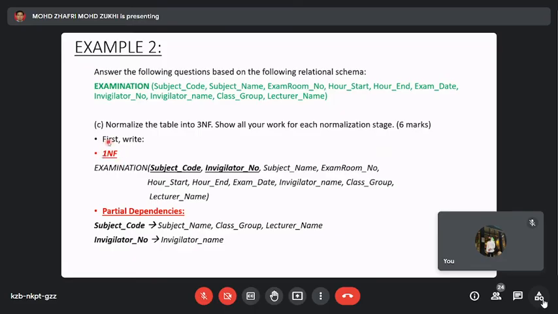Next, for the second normal form, what do we need to do? What kind of answer for the second normal form? Anyone?